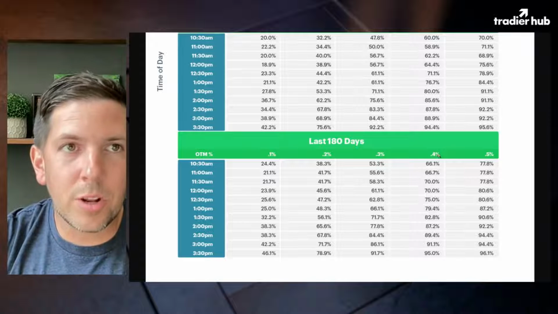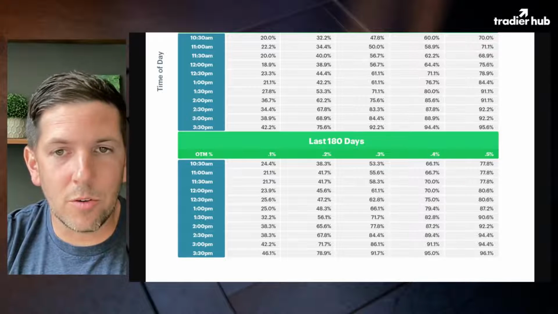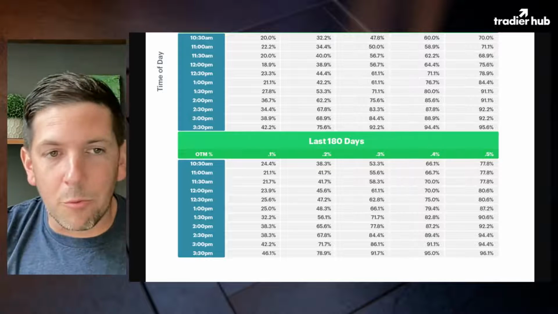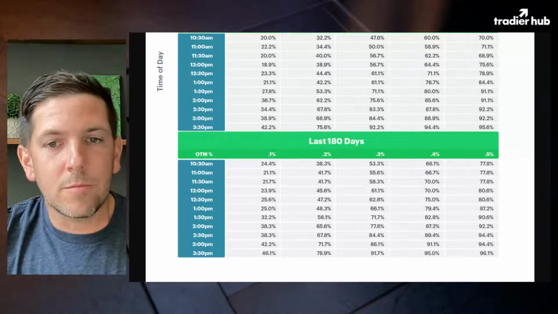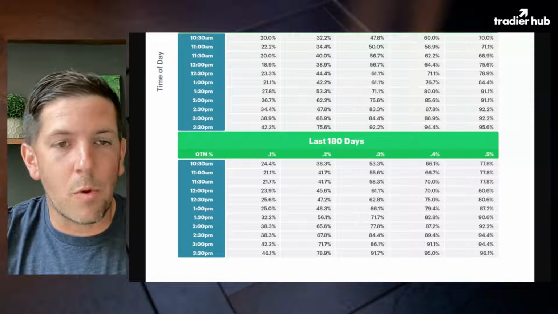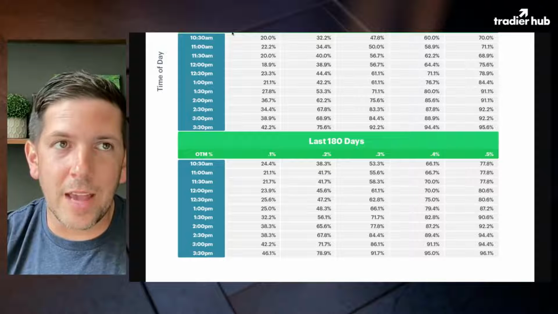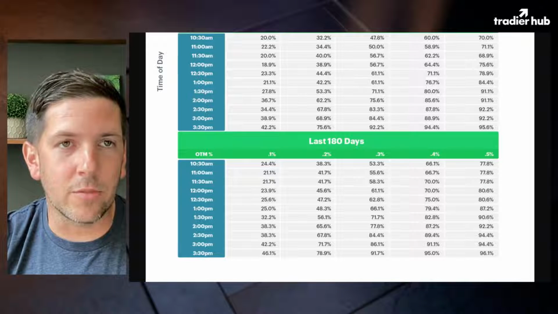Now, that is a pretty wide range. So on its face, if you have a really wide iron condor, right? You've got a really wide position that's 0.4% out of the money on both sides. You've got a 95% chance of capturing some premium on that position, right?